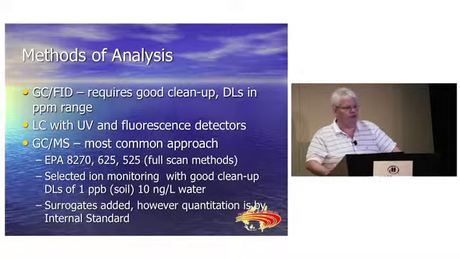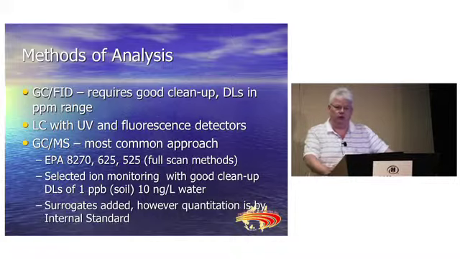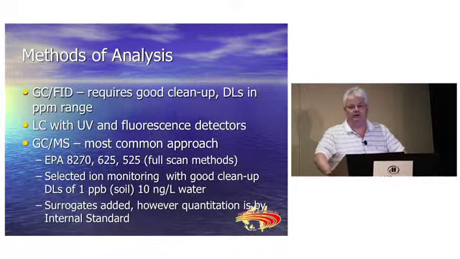Most commercial labs will offer a SIM, a selected ion monitoring analysis. And with some decent cleanup, you can get 1 ppb detection limits in soil and the 10 nanograms per liter that you're required for drinking water for benzo-a-pyrene. Surrogates are added. The methods all call for surrogates, but they are not isotope dilution.